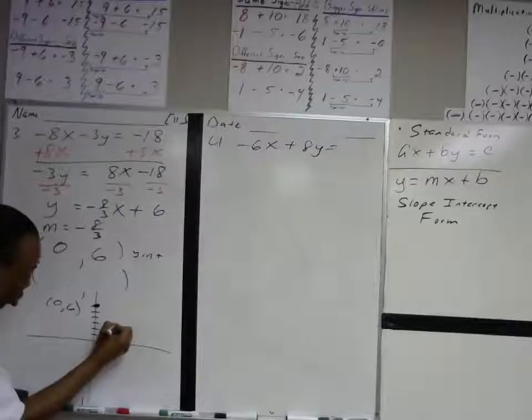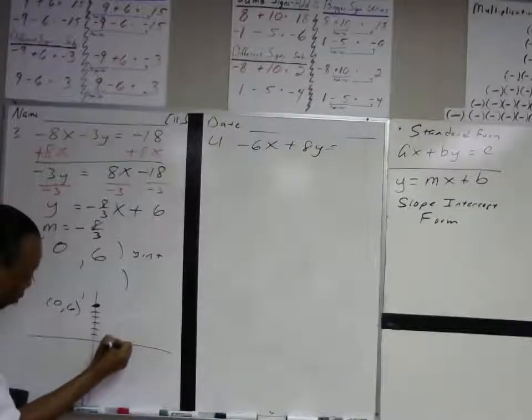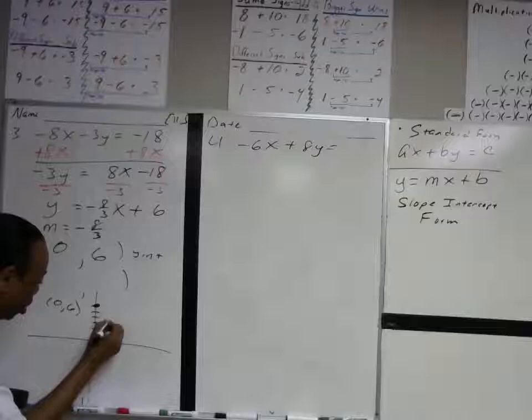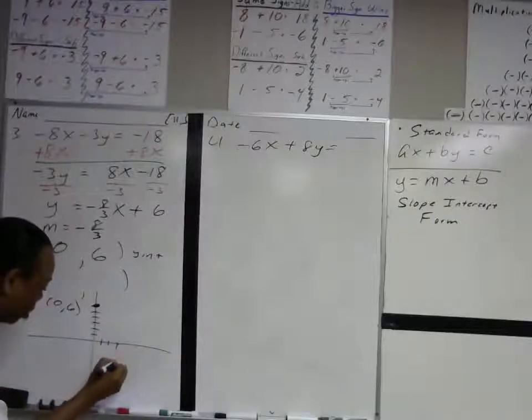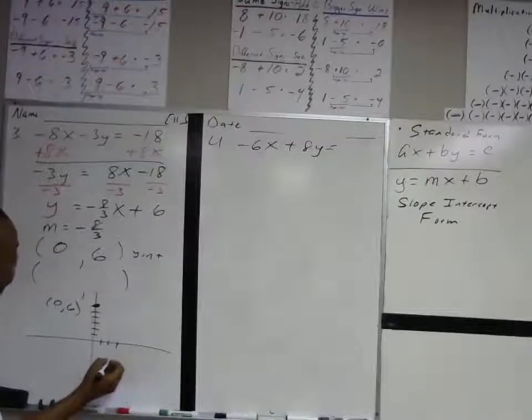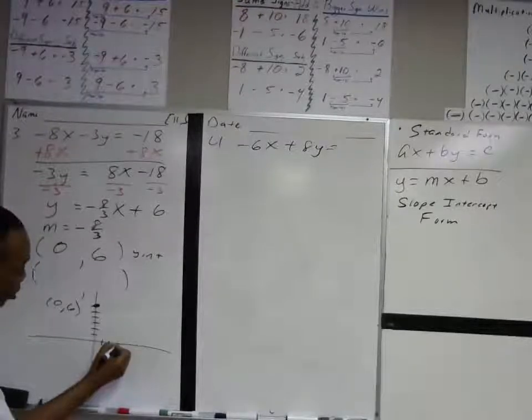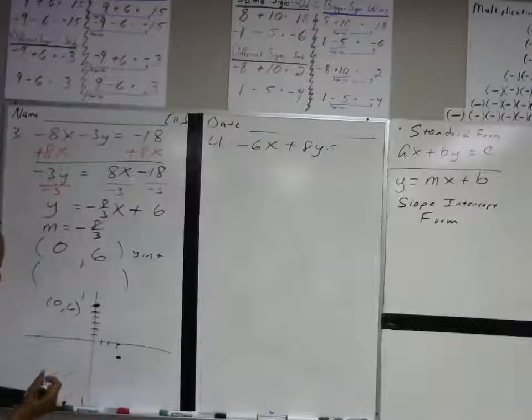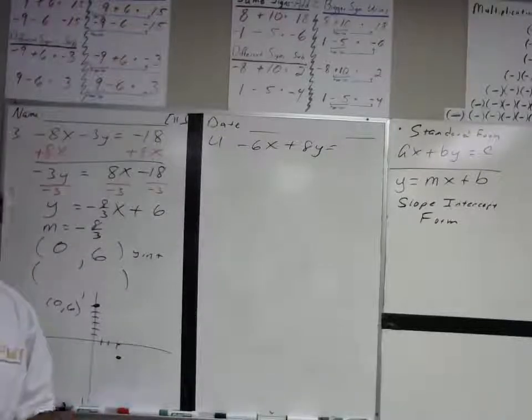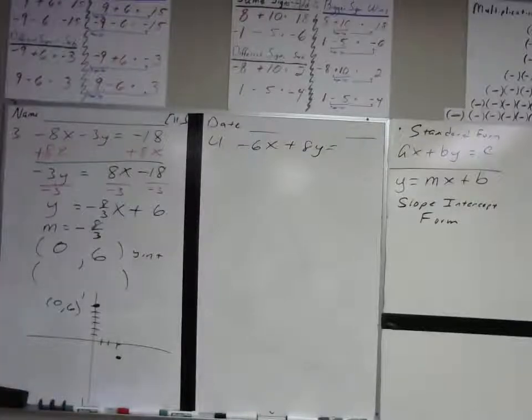1, 2, 3, 4, 5, 6, 7, 8. Yeah, I think I got it. I don't have any lines, so it's kind of hard to count going down 8 times. Okay, what is this new point we just created?